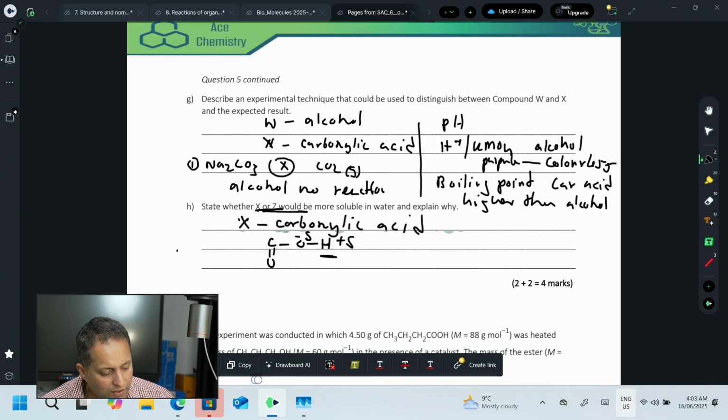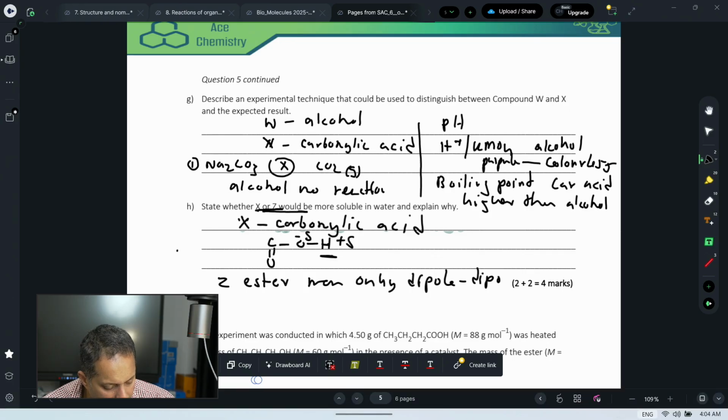So carboxylic acid can make hydrogen bonds with water, whereas ester can only make dipole interactions, because it hasn't got a hydrogen bonding hydrogen.